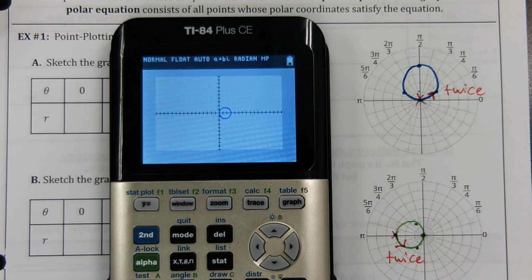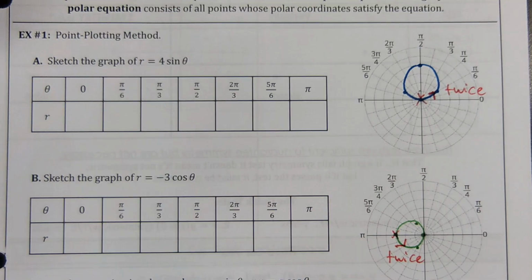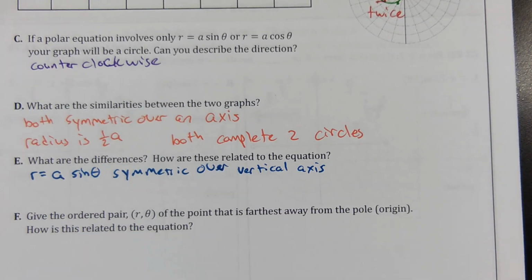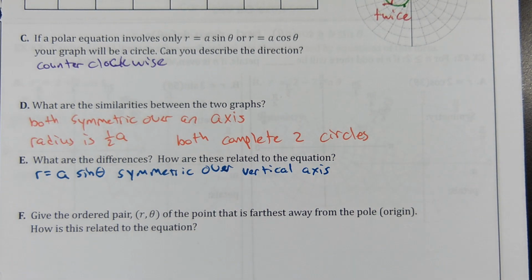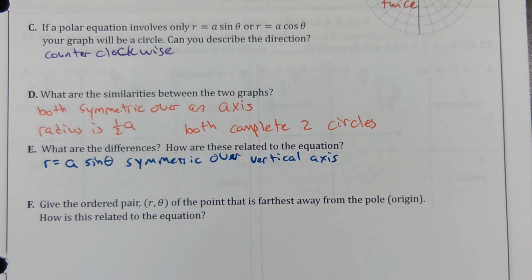How about that? So this direction thing tells you which side, quote unquote, that you should be on. The upside or the downside, or the left side or the right side. Interesting.